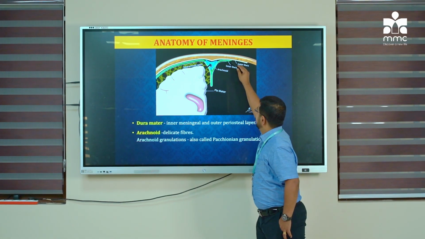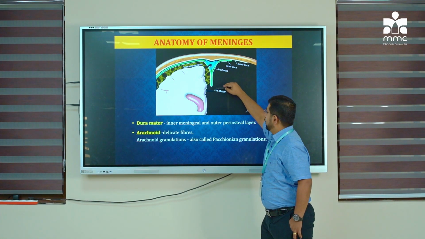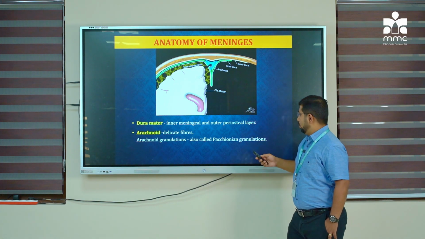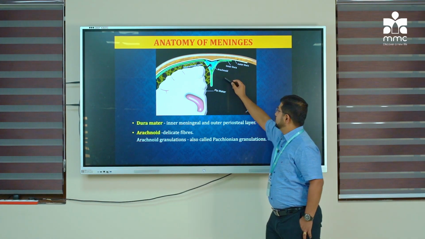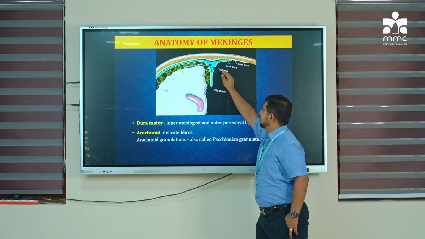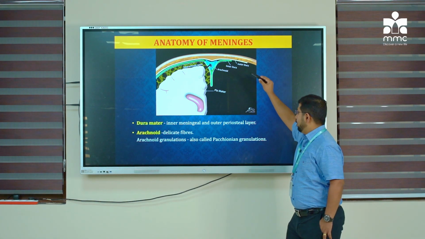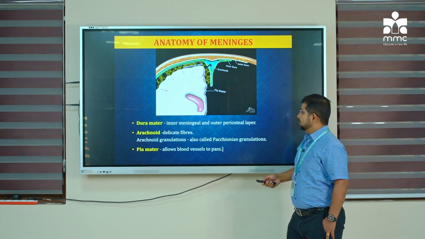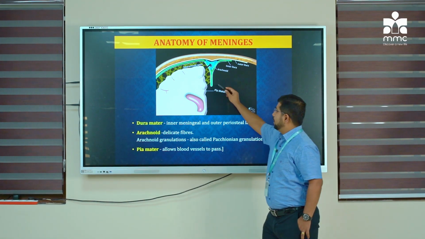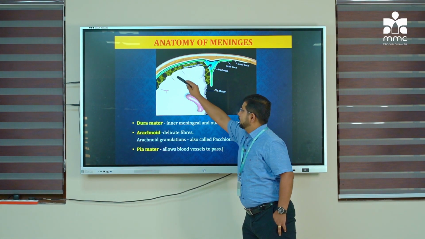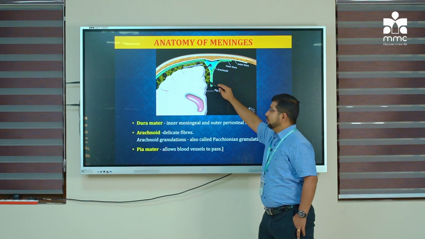We can see the white colored arachnoid mater here. You can see this black thing. These are called arachnoid granulations, also called pacchionian granulations. And then we have the pia mater, which is encasing or lining the brain tissue.